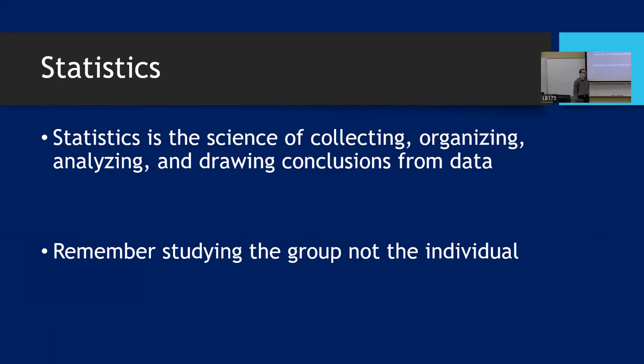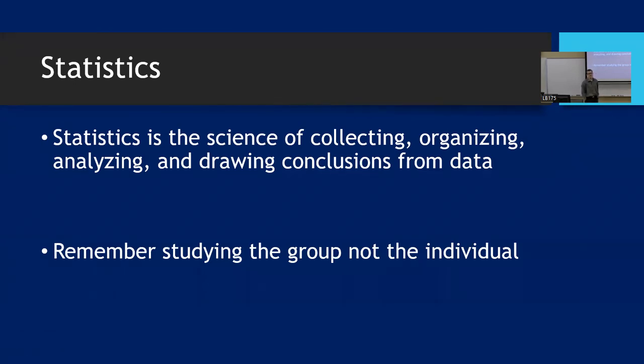Now, whenever you're talking about statistics and trends in general, we have to understand that trends are applied to groups, but not every individual in the group is going to fall into the general trend.